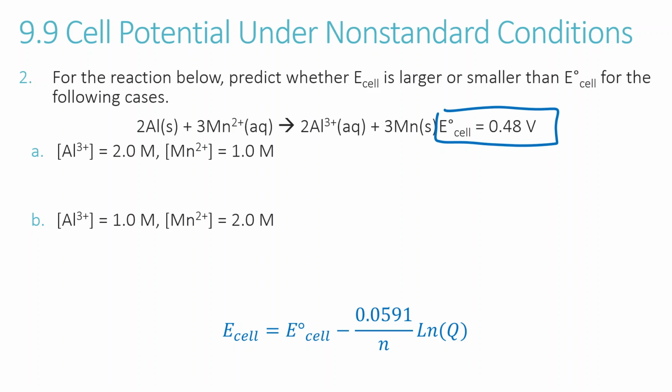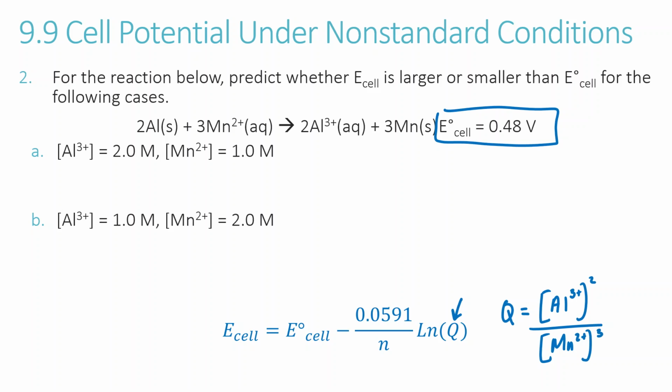Remember that in this equation, we have Q. So I can write Q for this equation. Remember that we aren't going to include any solids. So I'm going to put my aluminum plus 3, and that needs to be squared, over my Mn plus 2, which needs to be cubed.